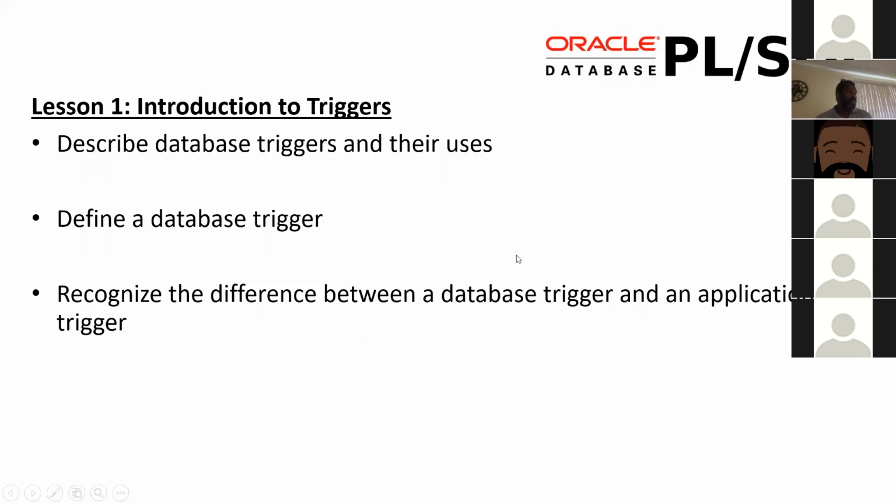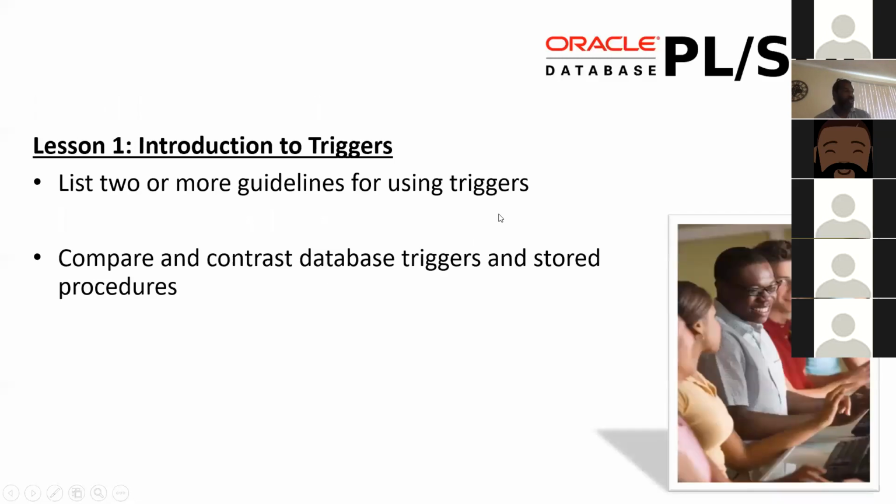Just to give you a heads up, most of the enterprise industry world is using some type of trigger based on events happening in an application, so it's very, very common. Also in lesson 2, you're going to list 2 or more guidelines for using triggers and compare and contrast database triggers and stored procedures. You know that they're different.